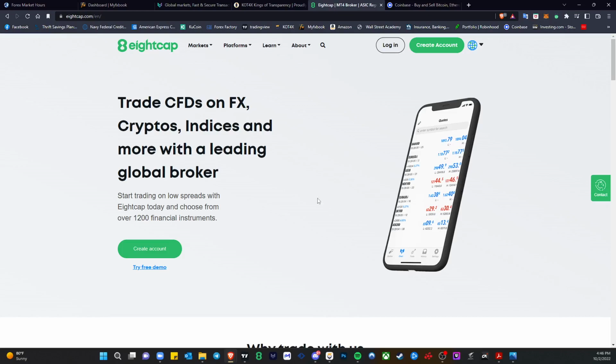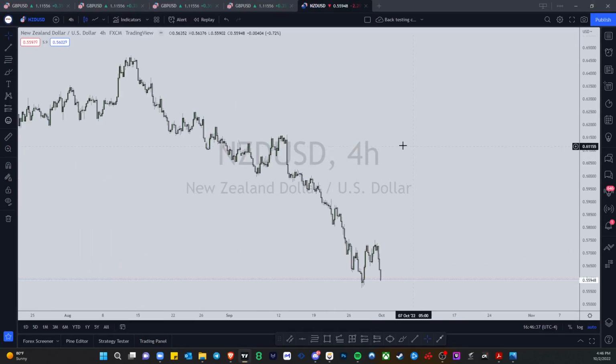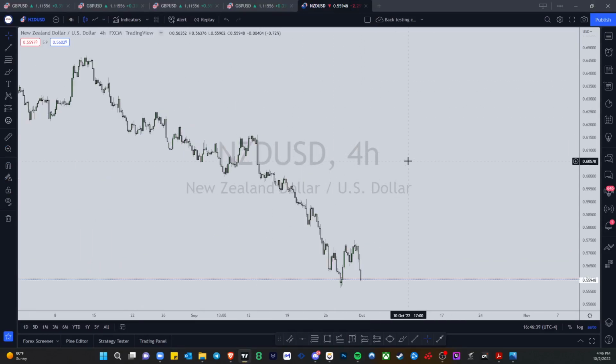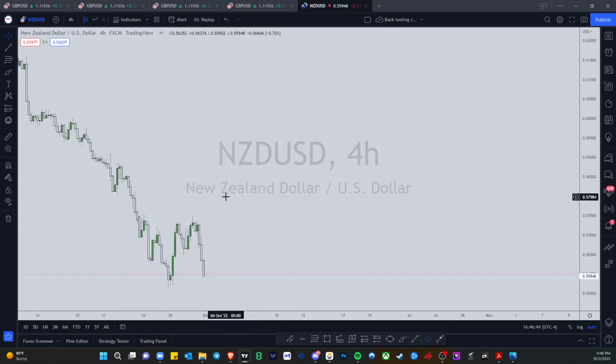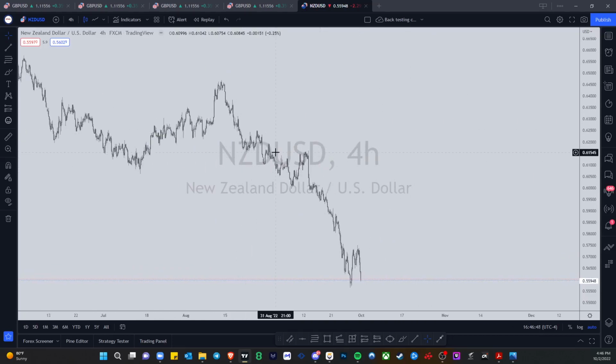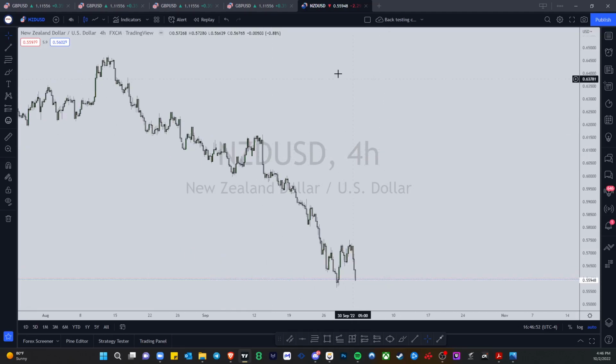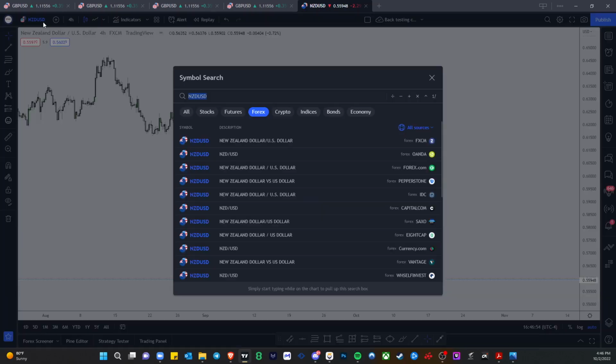All right, so the next thing is TradingView. TradingView is the platform that many traders use to actually trade and analyze. NZD USD is one of the pairs I would recommend for new users to trade.